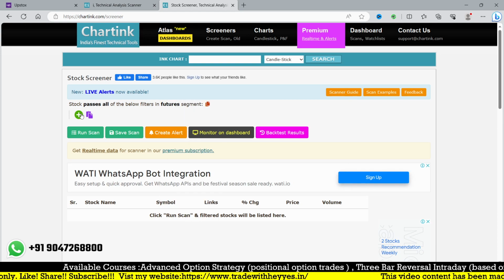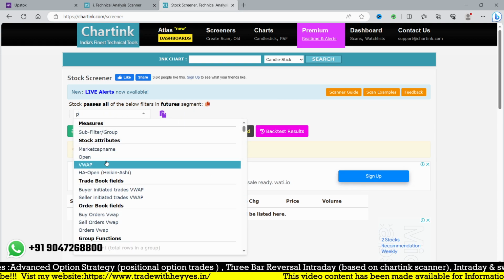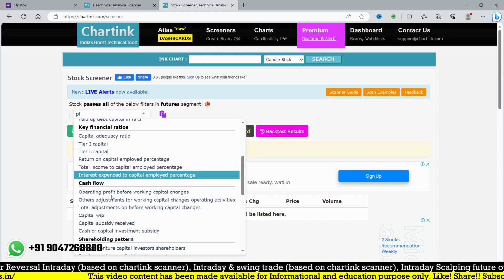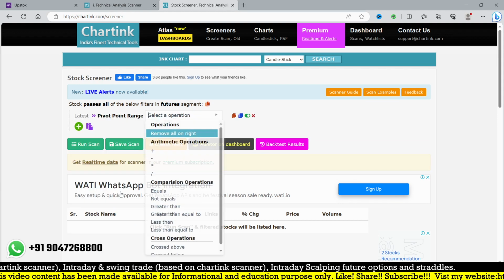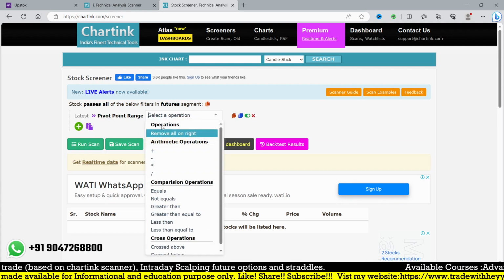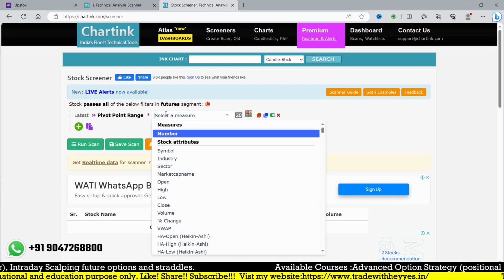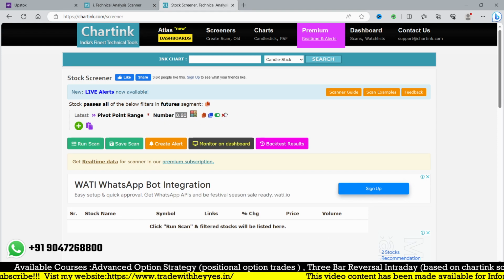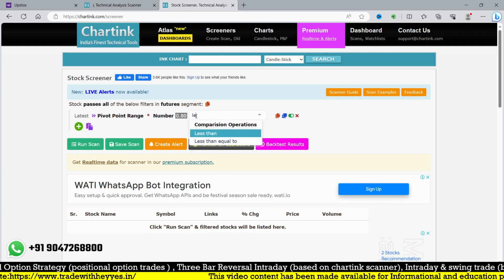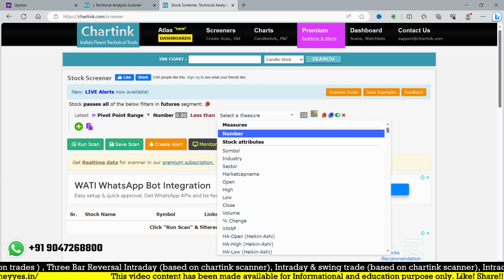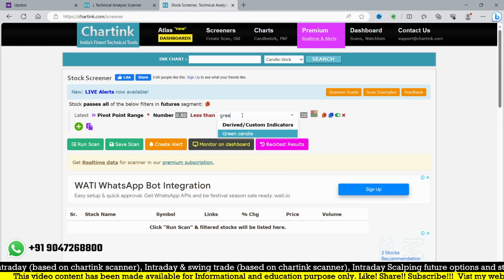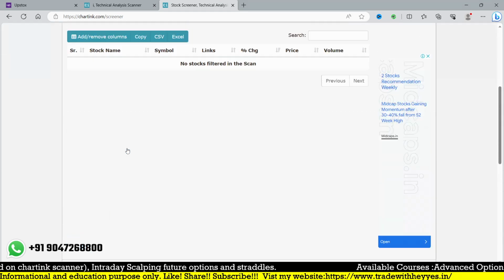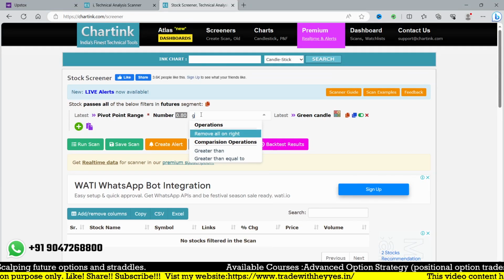In futures, create with pivot point range multiplied by 0.8 is less than green candle. I think we don't get any. It must be greater than.